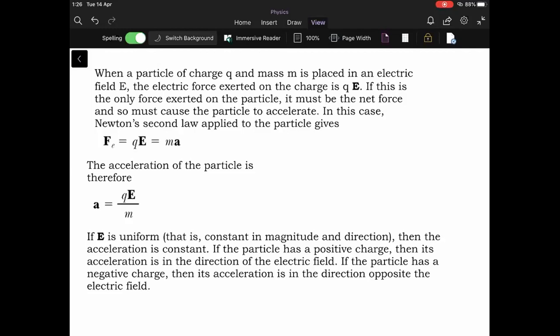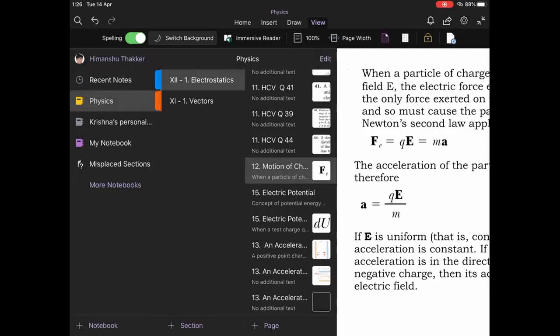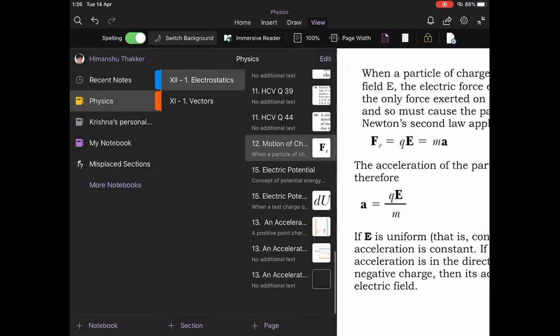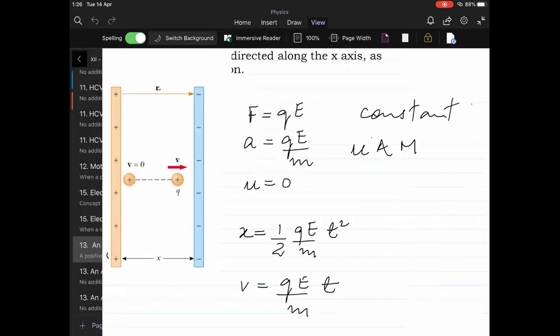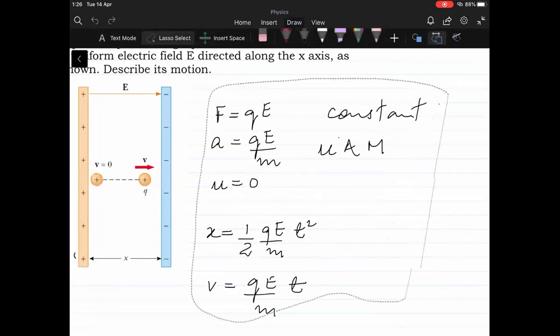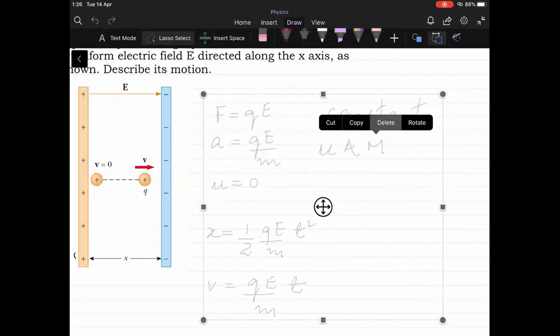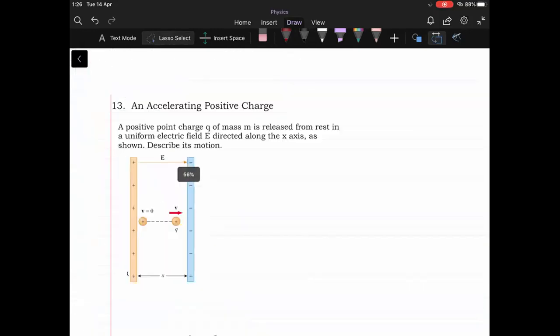Now based on this, let's do a problem. This is a problem from Resnick-Halliday.